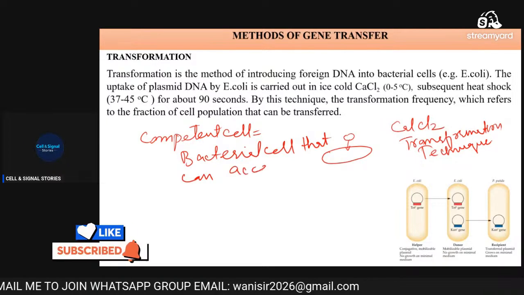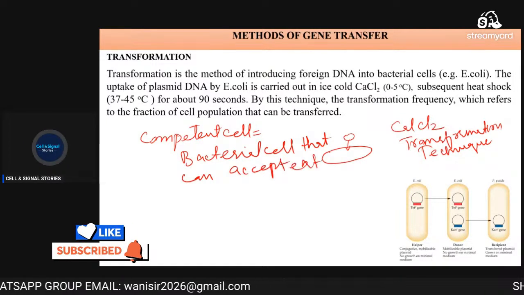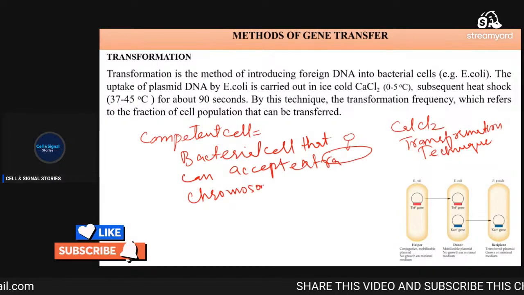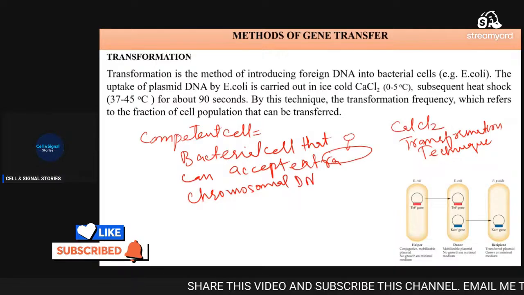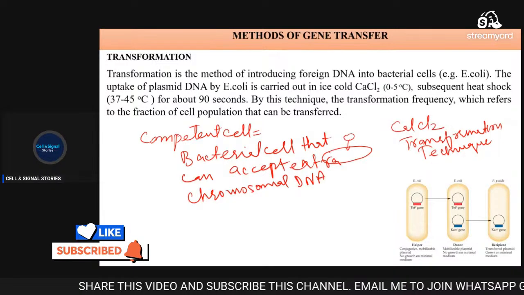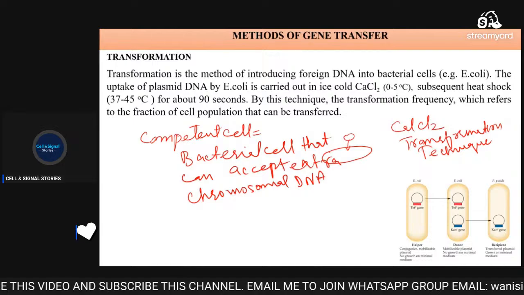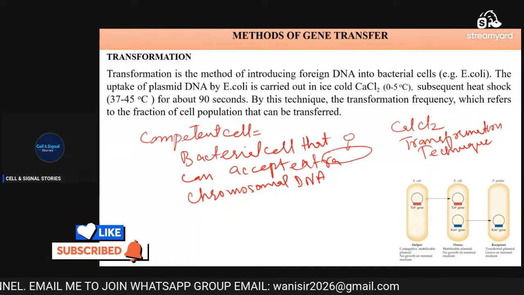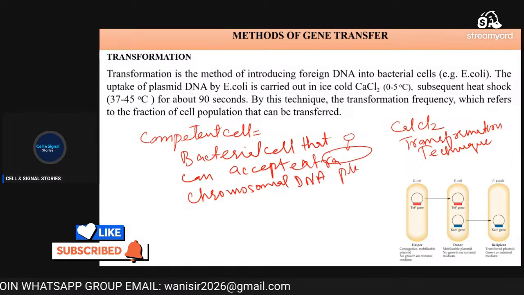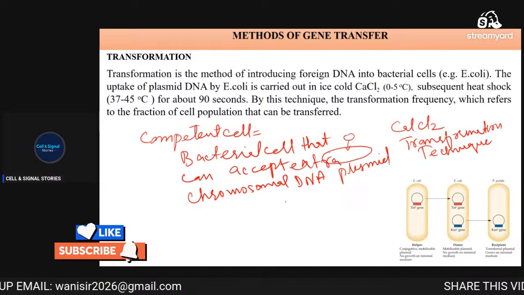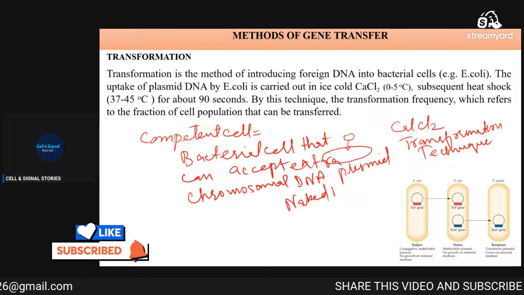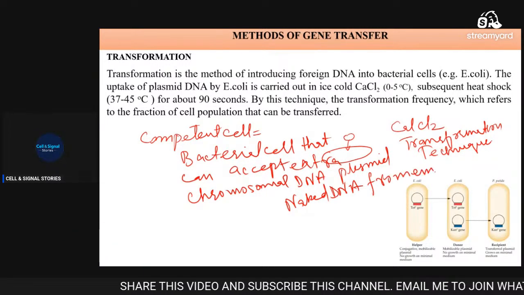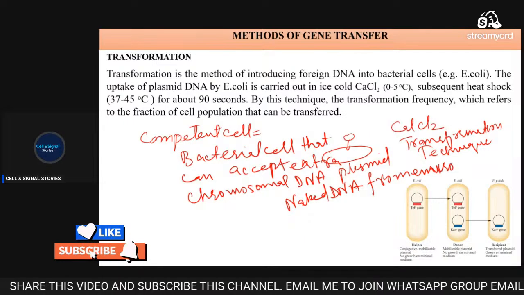This extra chromosomal DNA is called a plasmid, and you need to remember it is a naked DNA from the environment.